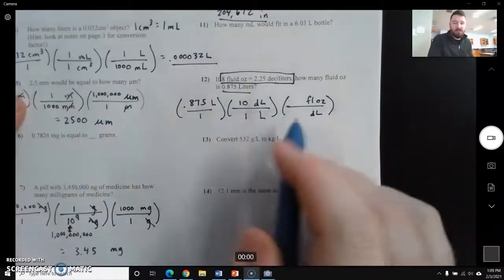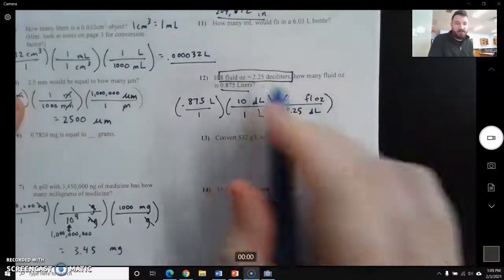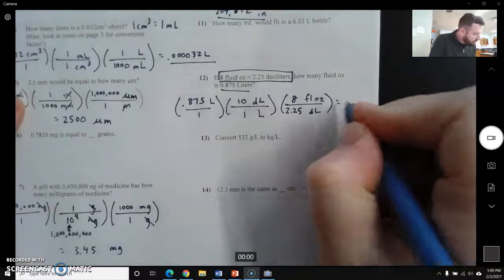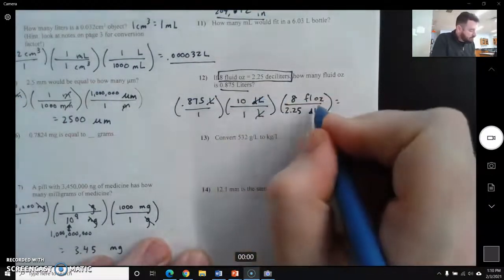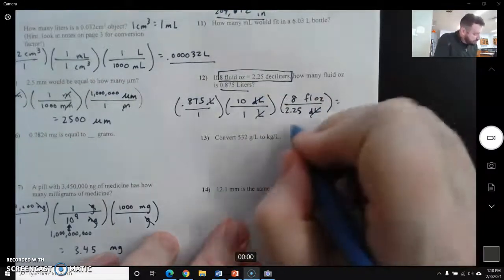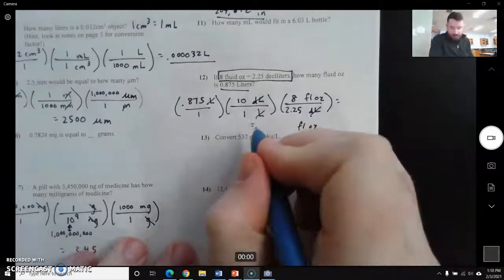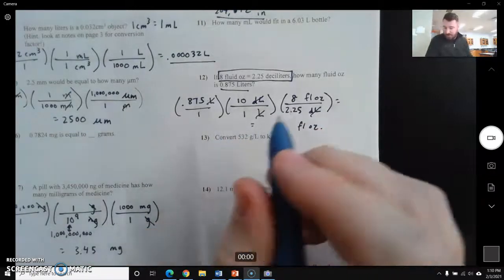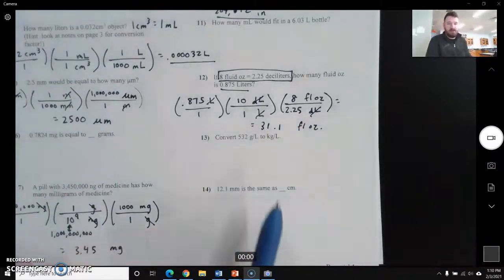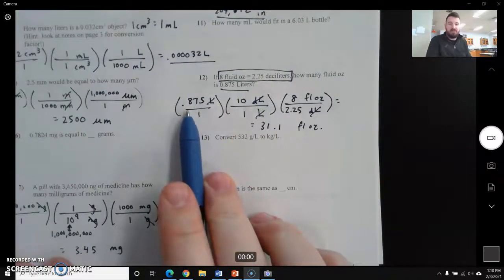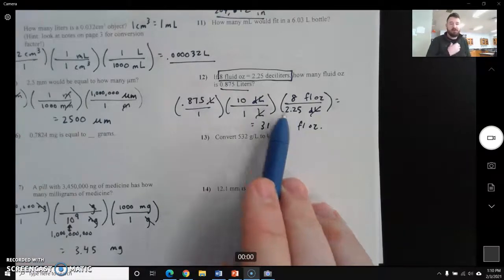And up here it tells us for every 2.25 deciliters, we have 8 fluid ounces. All right, so our liters would cancel out. Our deciliters would cancel out, just giving us units of fluid ounces. And our answer is going to be 31.1 fluid ounces once we do that. So it would be 0.875 times 10 times 8 divided by 2.25.